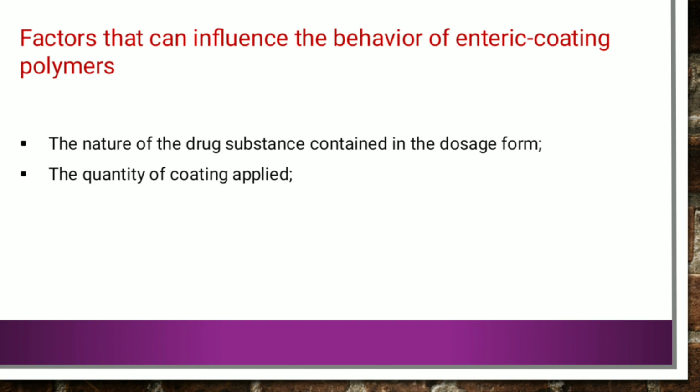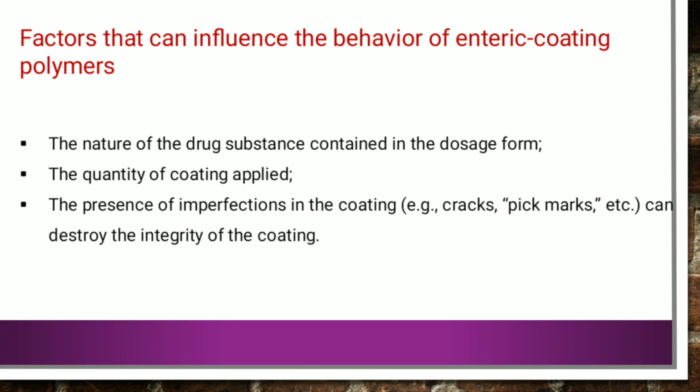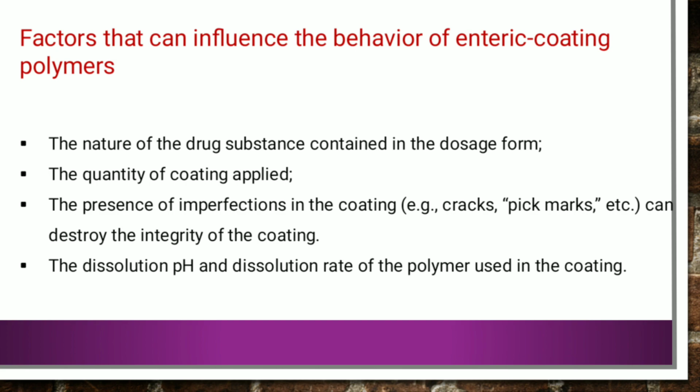Then the next one is presence of imperfections in the coating, like presence of cracks or pinholes etc., which can destroy the integrity of the coating. Then the next is the dissolution pH and dissolution rate of polymer used in coating.